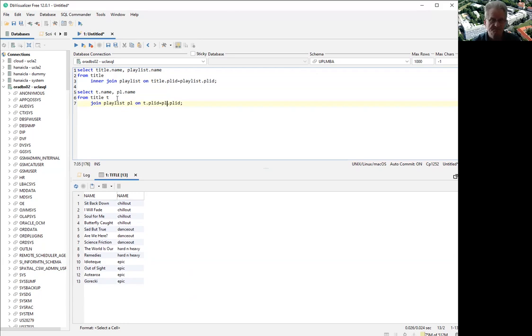So this is our join. So I guess we used AS for aliases, but isn't it necessary here? It isn't necessary here, and I think it could also be done. Let's see if it works.